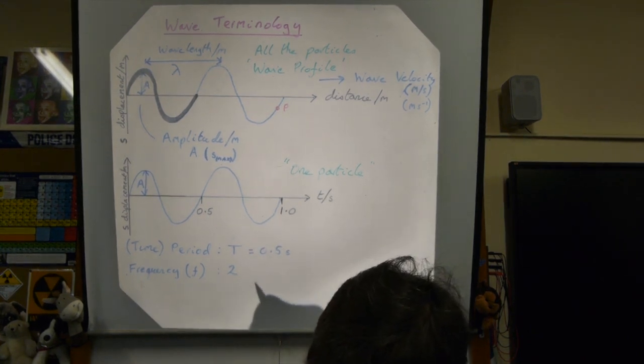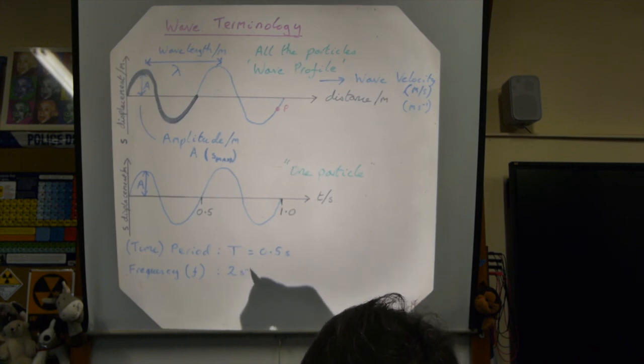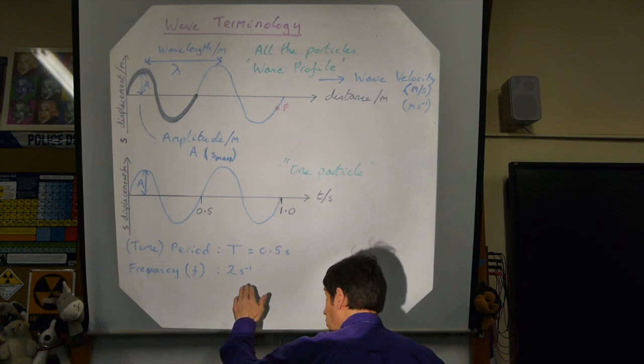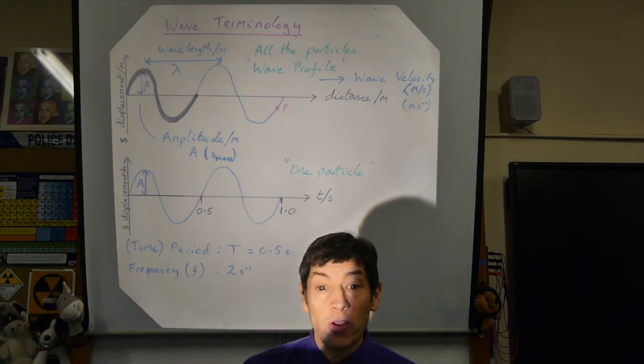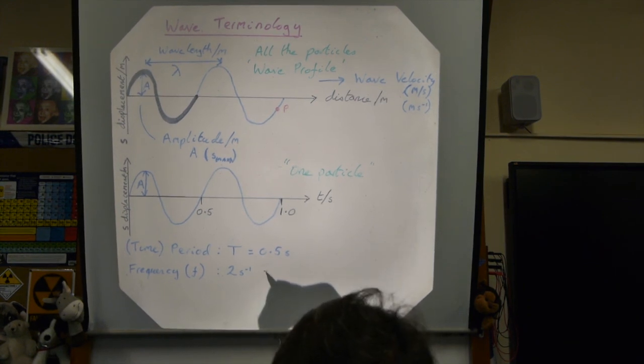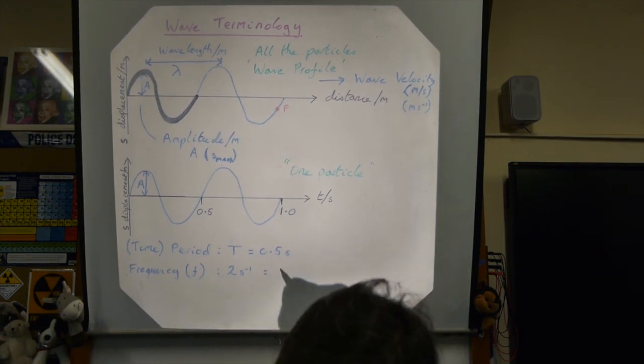Now I'm not going to write /seconds there, I'm going to do it properly, per second. So the frequency of that wave is 2 per second. But of course I hope you remember that that was named after Heinrich Hertz, so the frequency of this wave is 2 Hertz.